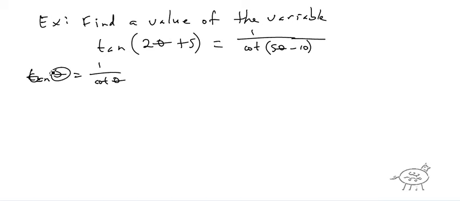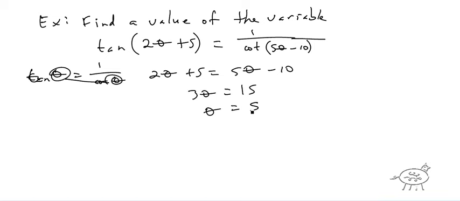So that theta is the same. As long as I have it written that way, I can just set those equal to each other, and that's exactly what I have. So I can say 2 theta plus 5 equals 5 theta minus 10. Move it over, I get 3 theta is equal to 15. Theta equals 5.